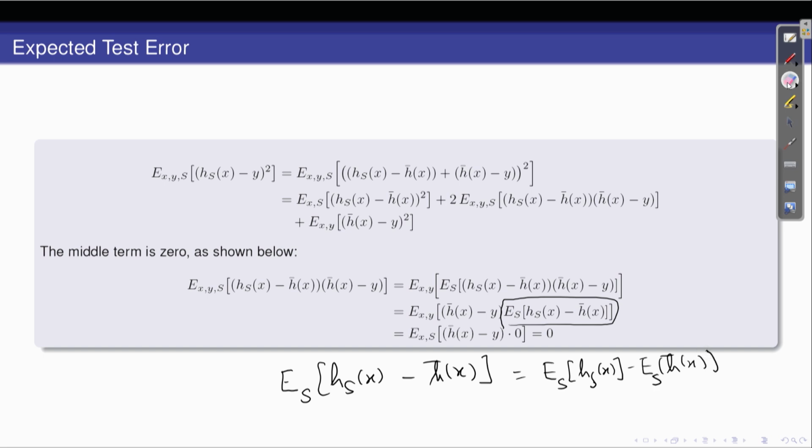So this is just h bar(x). If you take the expected value of h_S(x) with respect to S, you get h bar(x). So h bar(x) minus h bar(x) gives you 0. This is 0 inside, so whatever happens here does not matter, because everything times 0 is 0. So the middle term vanishes.